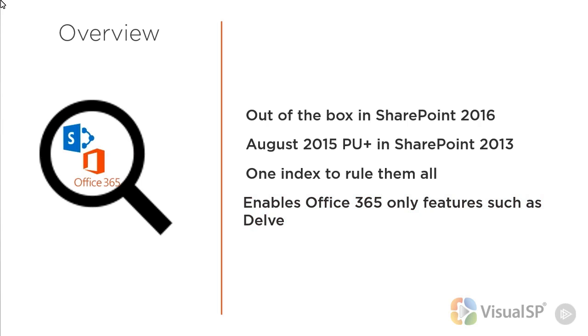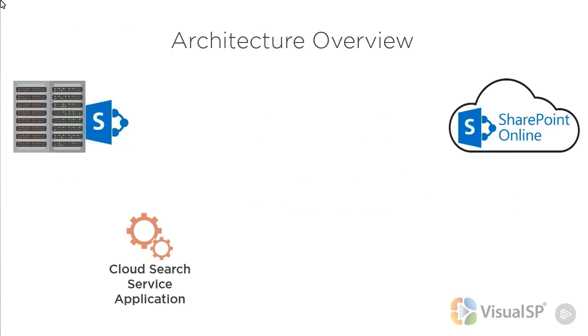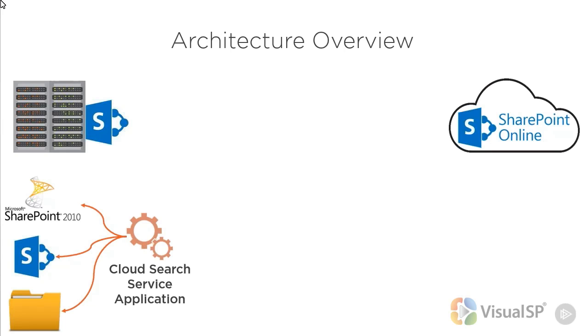So let's look at the topology, and for this topology, let me start with the Cloud Search Service application, which is a new type of service application that enables hybrid search. The Cloud Search Service application will crawl the data. The data can be SharePoint 2010 sites, SharePoint 2013 or 2016 sites. It can be BCS, it can be file shares, so you can crawl all that data.